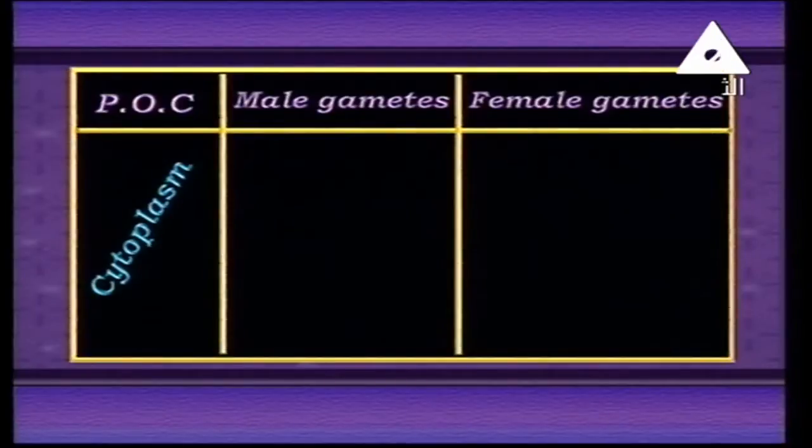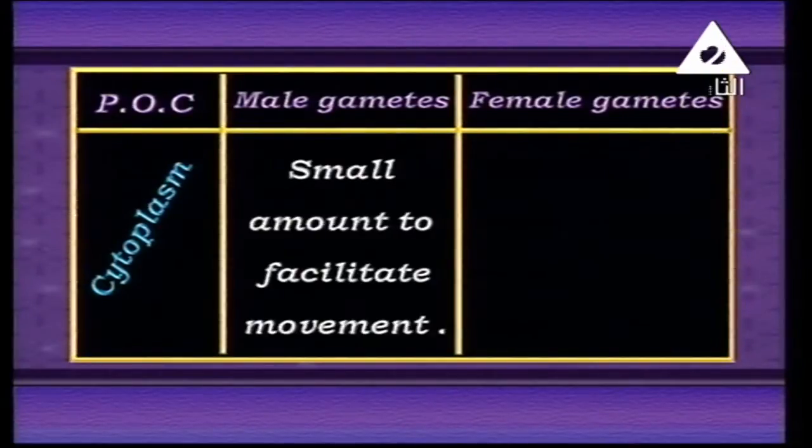After that, the cytoplasm. The male gamete has a small amount of cytoplasm. Remember that the cytoplasm is just the nutrients of the nucleus of any cell.